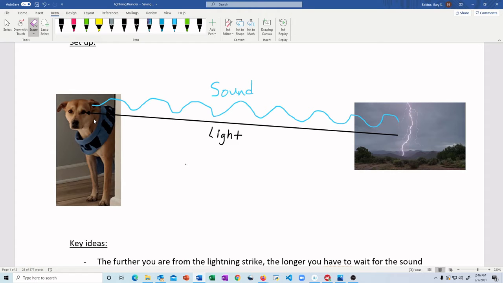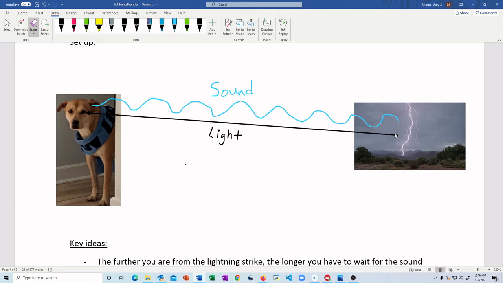Lightning strike happens, and no matter, if you can see it, if you're in a radius big enough to see it, we're just going to pretend that it's instantaneous. You just see it as soon as it happens. But if you've ever seen one of these storms, you've looked out the window, been outside, you'll notice that you can see lightning happen, and then you have to wait a little bit to actually hear the sound, the thunder.